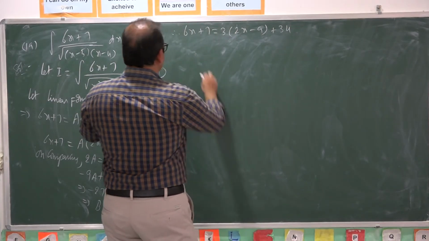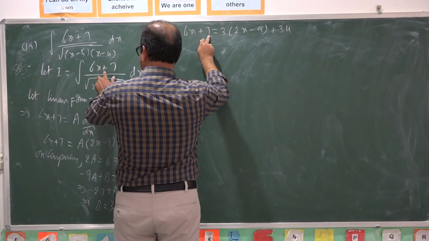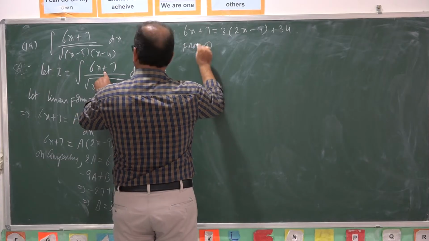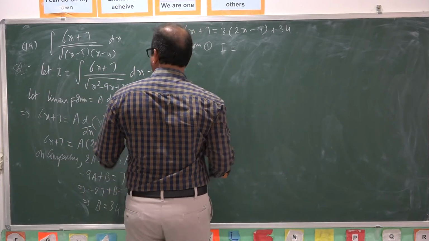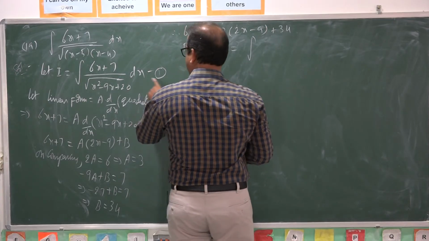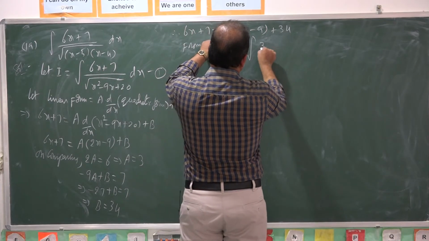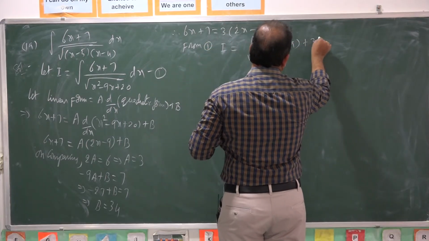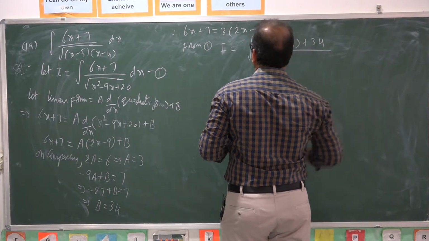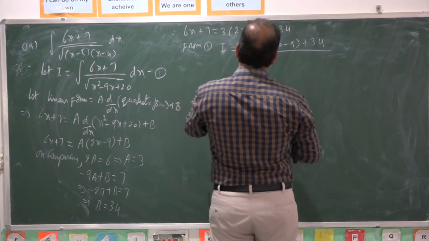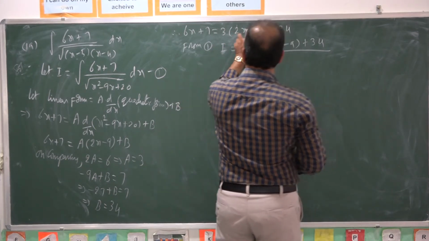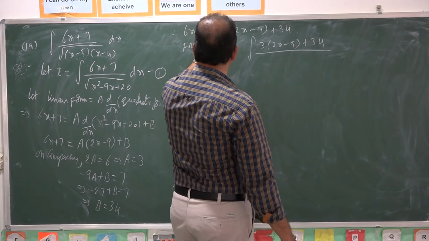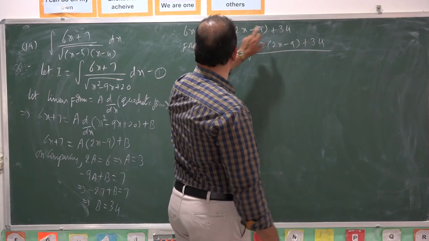Now substitute this value of 6x plus 7 in equation 1. From equation 1, I is equal to integral of, what is 6x plus 7? 3 into 2x minus 9 plus 34, by, you may check here also whether it is correct or wrong. 3 into 2, 6x minus 27 plus 34 is plus 7.